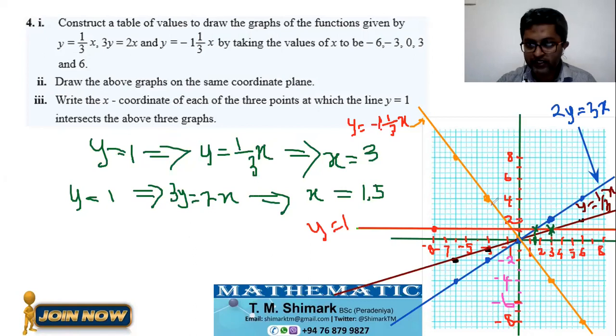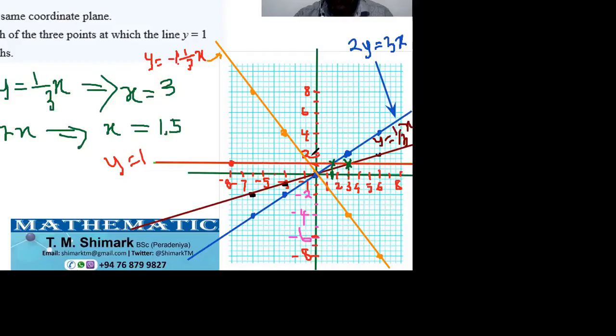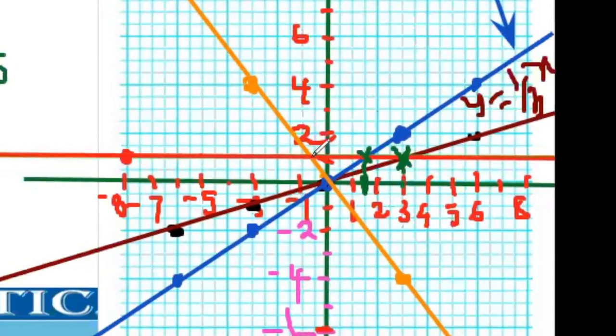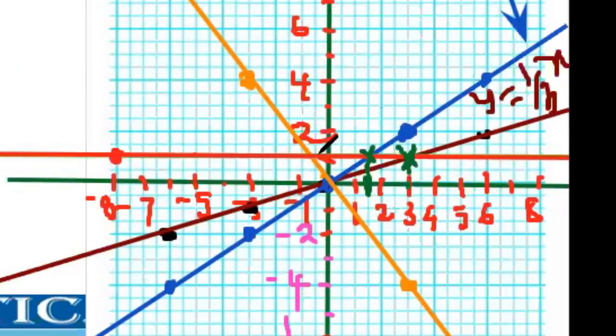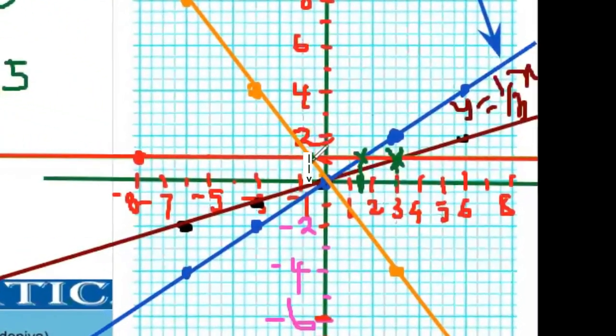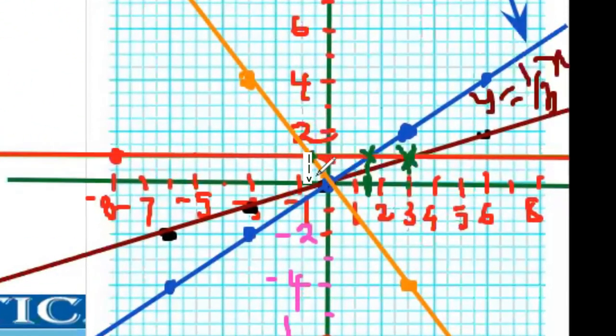Next is my third equation, y equals minus 4/3 x. That one intersects, I think, exactly in between here, right? Maybe it's going to be minus here.